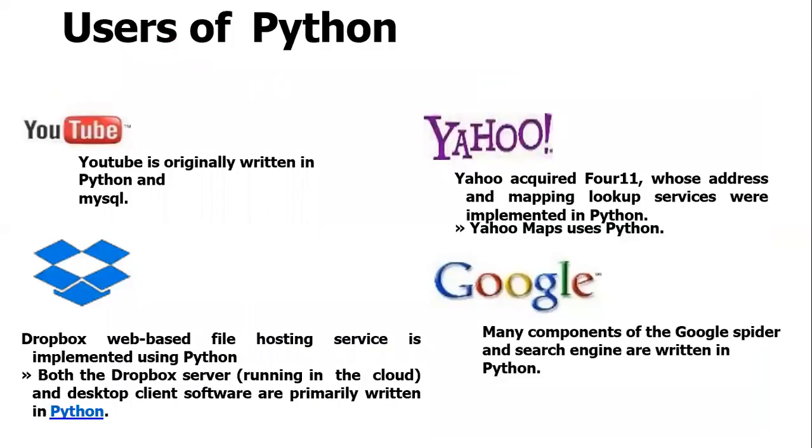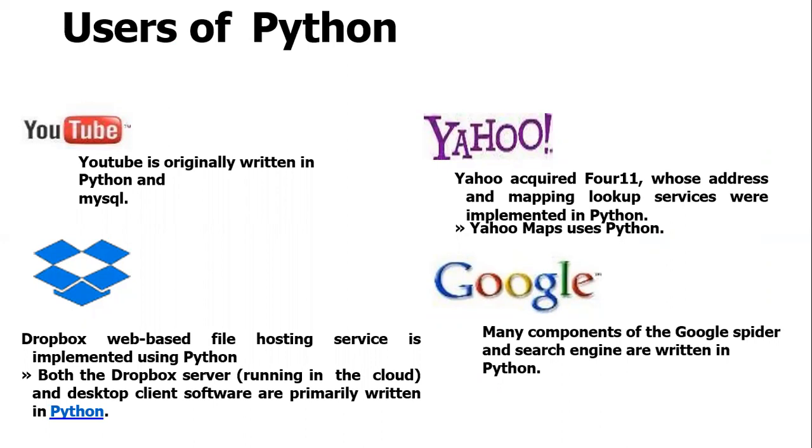And now if you come to see who the users of Python are exactly, which companies are using Python. Many of the tech giants are using Python. Many of the topmost companies were built technically on top of Python. YouTube was originally written in Python and MySQL. So YouTube uses Python, guys.